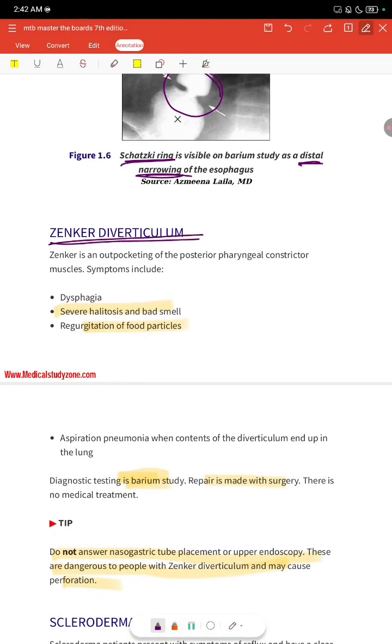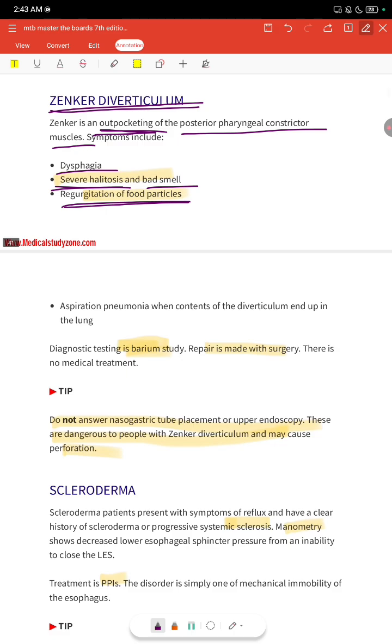Zenker diverticulum. Zenker is an outpocketing of the posterior pharyngeal constrictor muscles. Symptoms include dysphagia, severe halitosis, bad breath and bad smell, regurgitation of food particles, aspiration pneumonia when contents of the diverticulum end up in the lung.